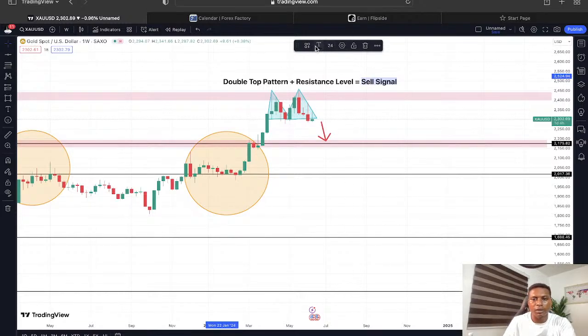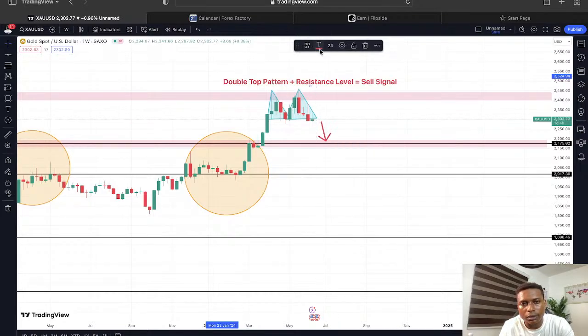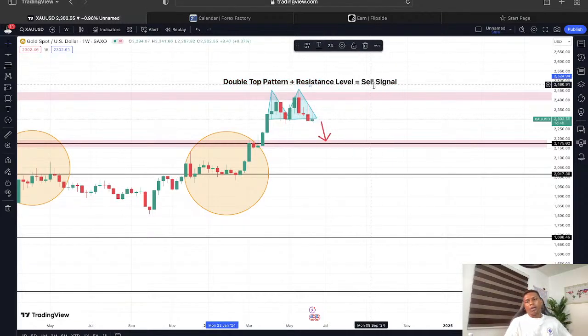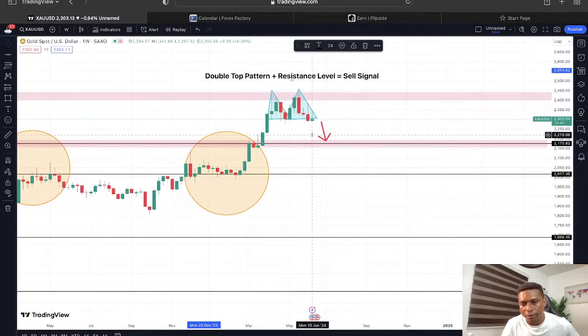A double top pattern on a resistance level is equal to a sell signal. So what do we expect on gold USD? Sell. We expect a sell on gold USD.